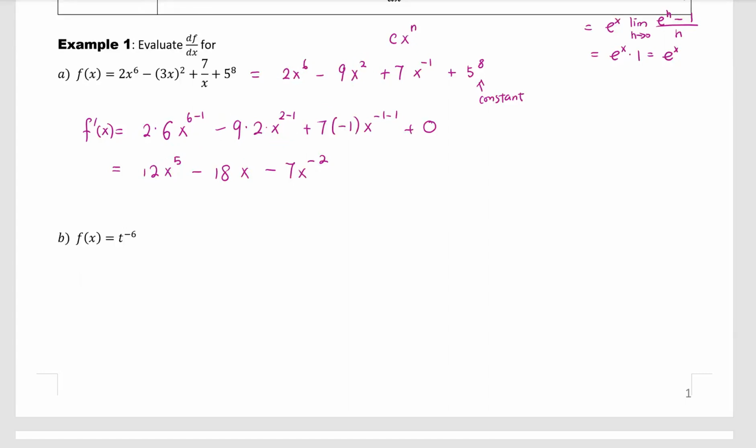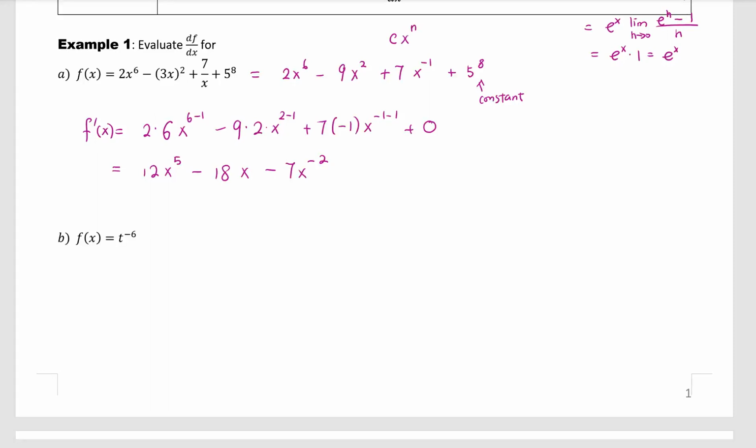But if your x is in the denominator, what happened to the magnitude of the exponent? The magnitude is 1, but it's in the denominator. It becomes negative 2, so the magnitude becomes 2. So the number actually increased, because it's in the denominator. So be careful with that.